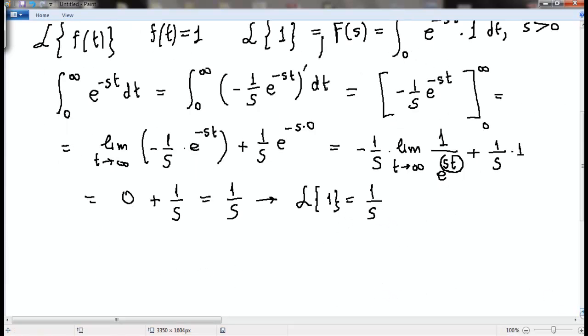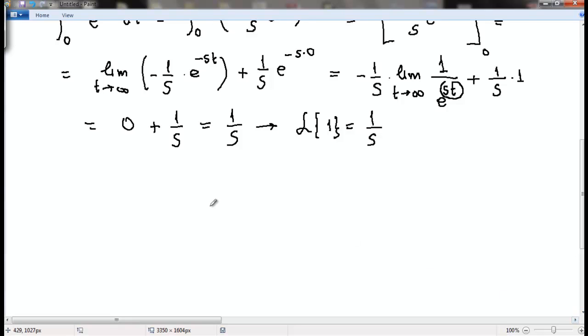The second basic Laplace transform I will find is the Laplace transform of e to the power at, where a is a number such that s is greater than a, and s is the parameter that appears in the Laplace transform. So with this hypothesis, what's the integral that we have to calculate?